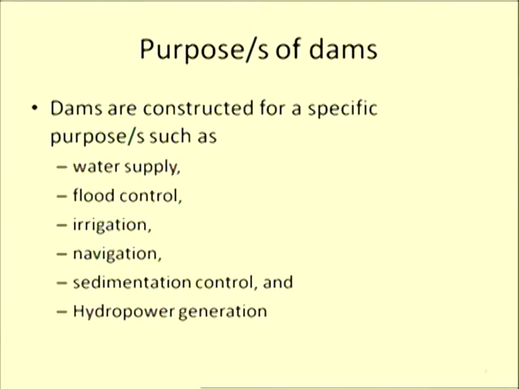So dams, sometimes smaller dams, are created to have water depth so that ships can navigate through the water channel. So sometimes the purpose is navigation. We construct such dams to increase the water depth to carry the ships.